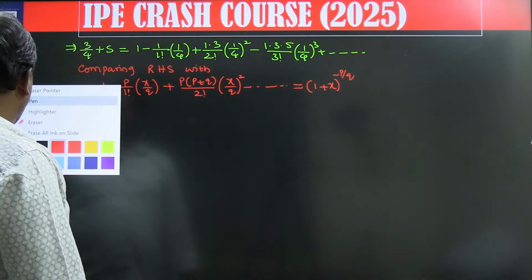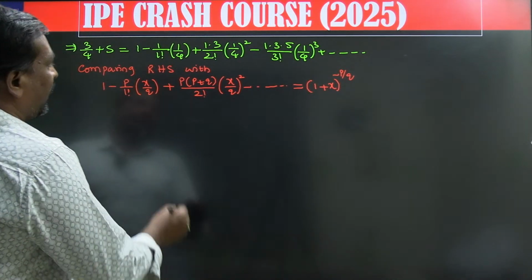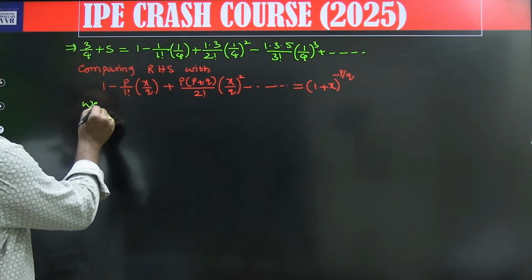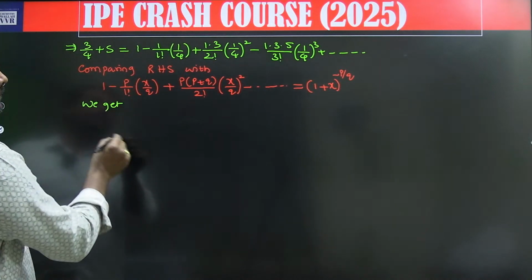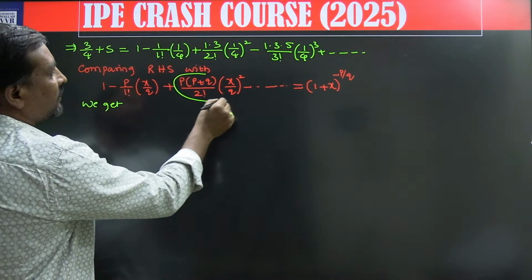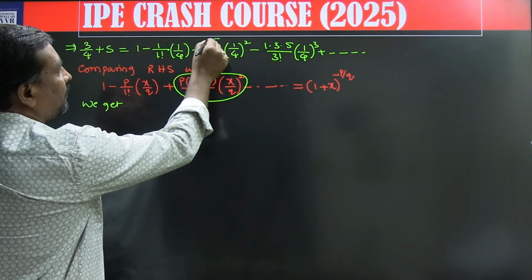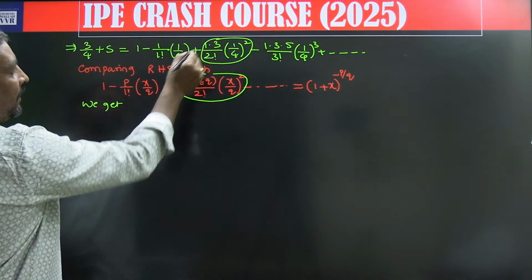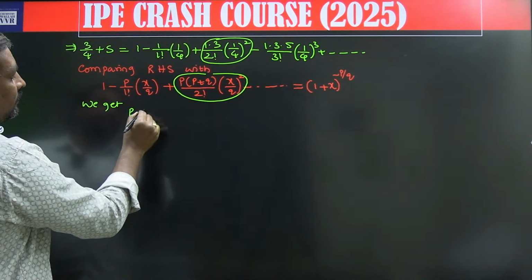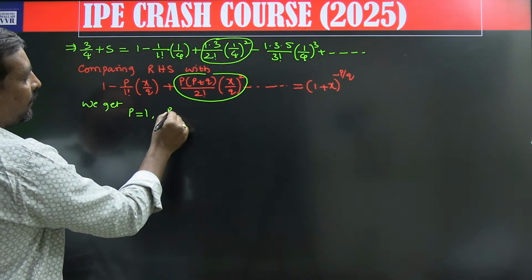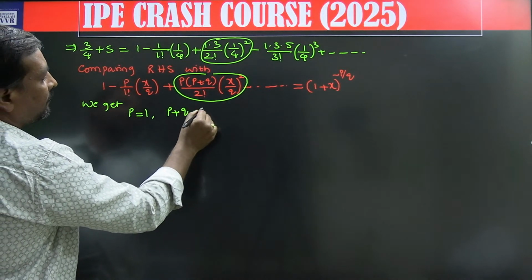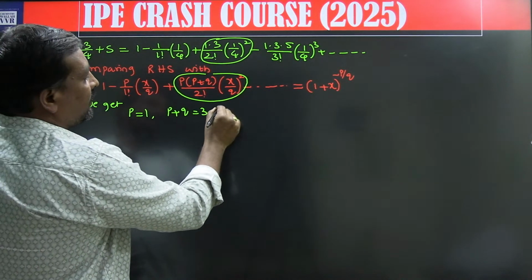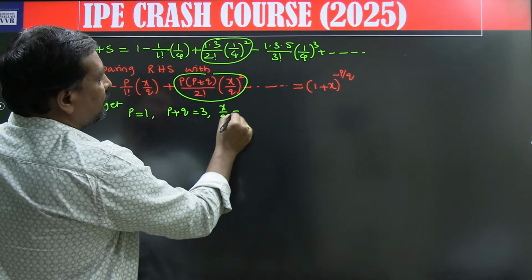So here we get, by second term comparison, p is equals to 1, p plus q is equals to 3, x by q is equals to 1 by 4.